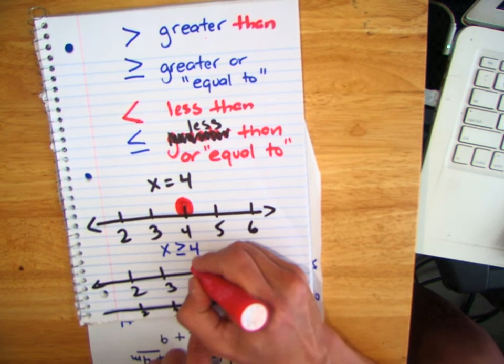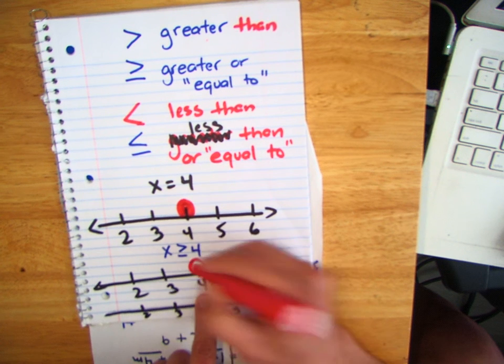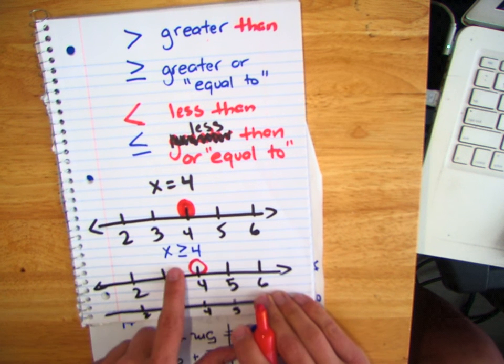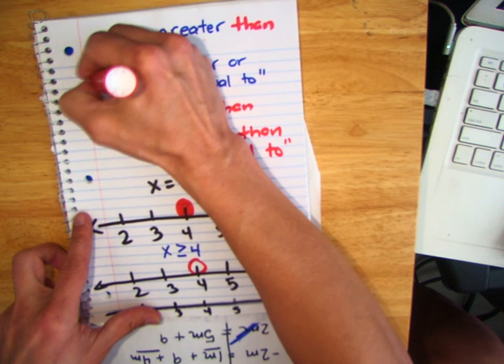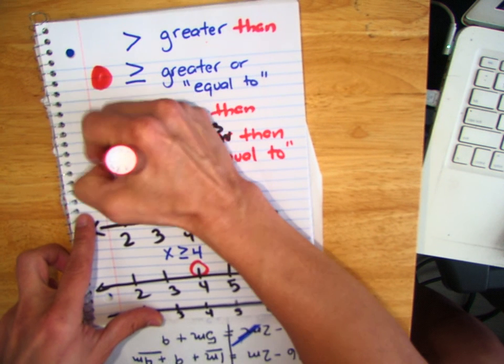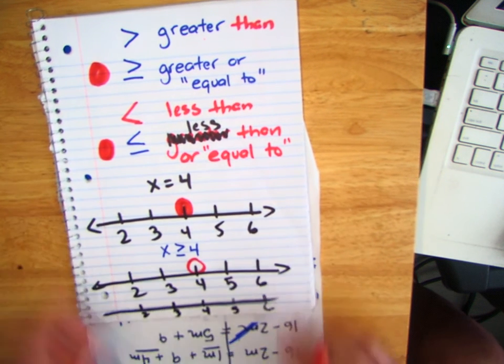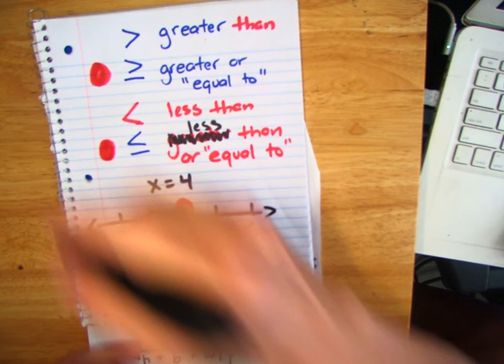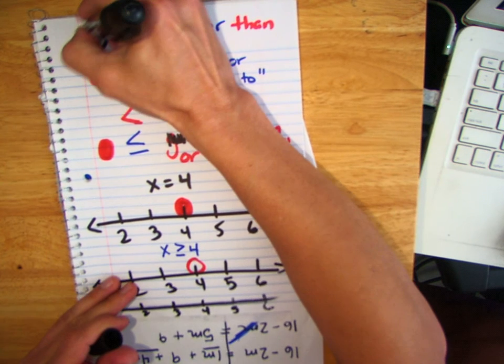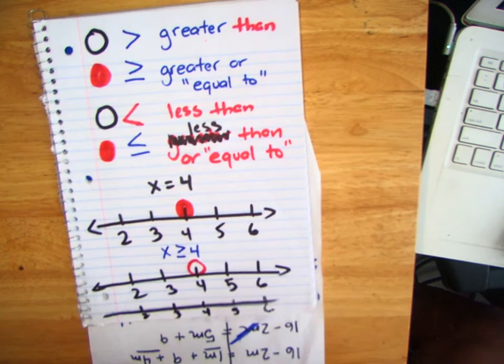So here's 4. I'm going to circle it. And remember, the ones that I'm going to close are the ones that are equal to. So this one and this one, they're going to be closed, right? The other ones are going to be open, because you're not including it.